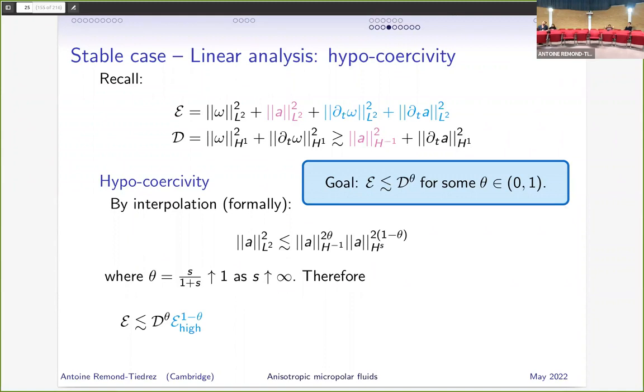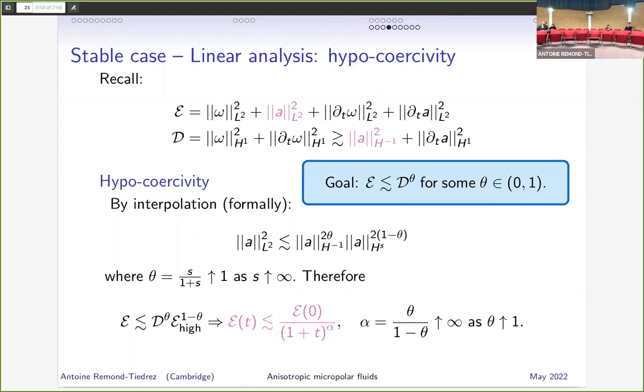What I'm highlighting here is that you get this energy by just taking more derivatives of your PDE and then adding up the energies you get. As long as your high level energy stays bounded, your low level L2 energy will decay algebraically, where the alpha you can compute explicitly.